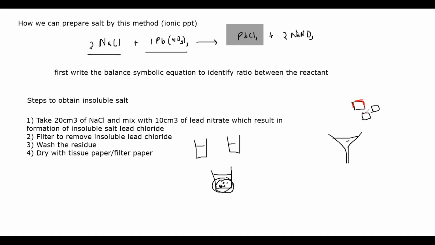And this solution contained a dissolved salt. So we wash with distilled water or deionized water, so that any impurity, any trace of solution on the crystals will be removed. Otherwise, from this solution a salt can also form.